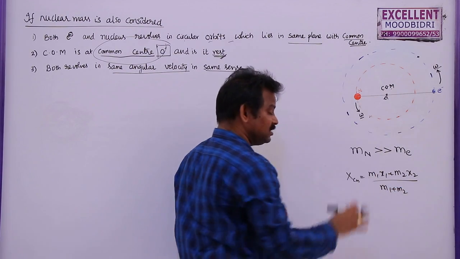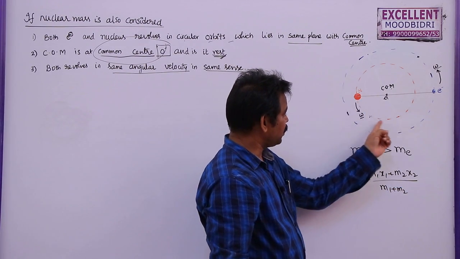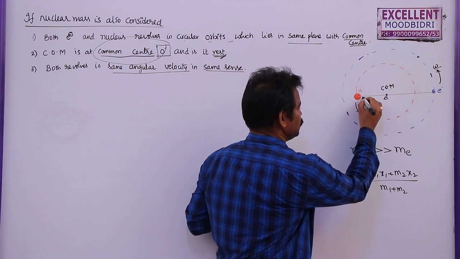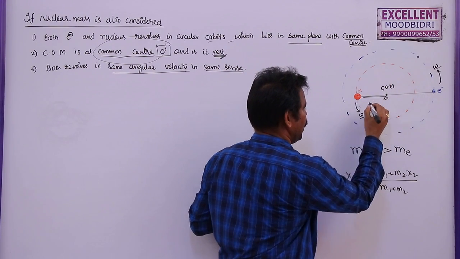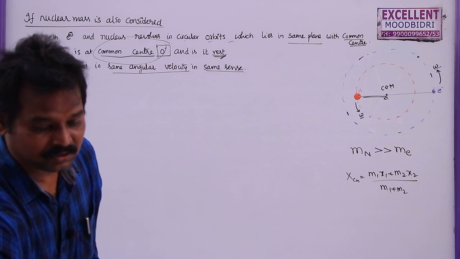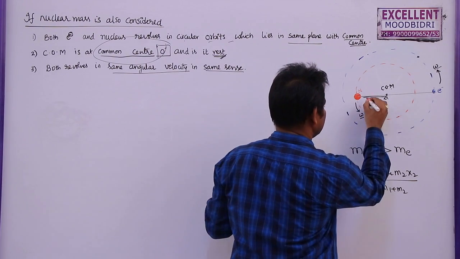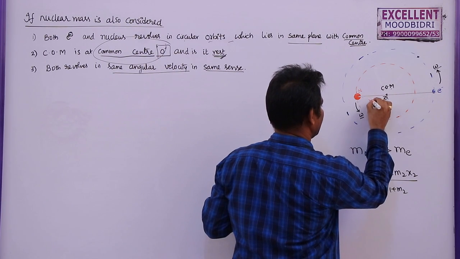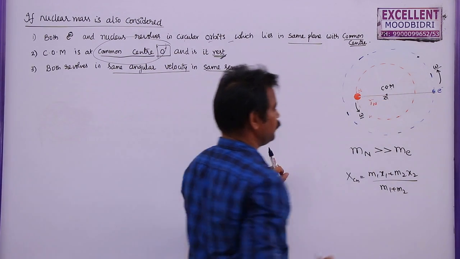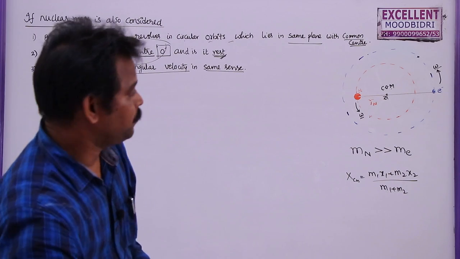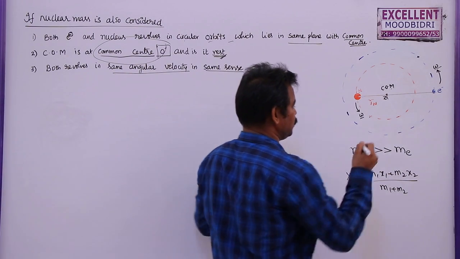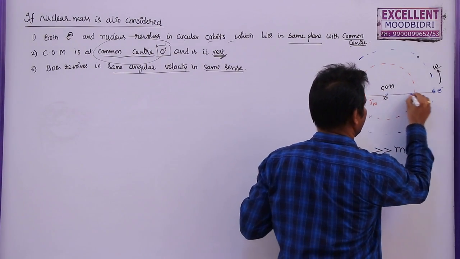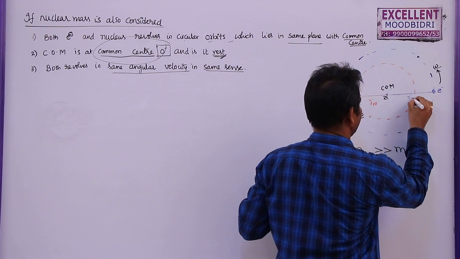Now the radius of this red color orbit I will take as Rn, that is the radius of the nucleus, and the radius of the electron orbit from the center of mass to here, let us say this is Re.